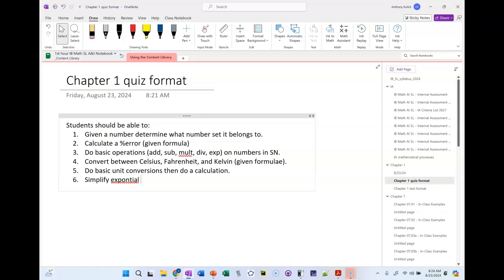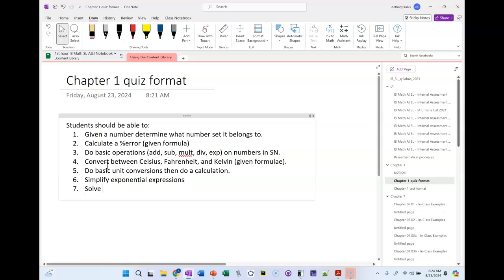You'll have to simplify exponential expressions, so you'll use your exponent rules to do that. Solve exponential equations.